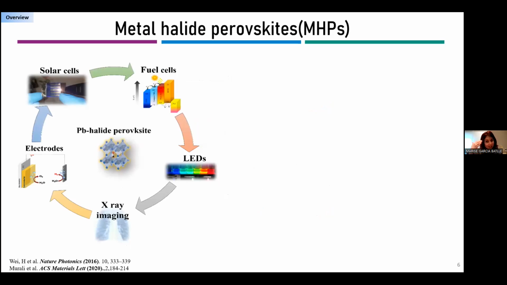So with all that information in mind, we have perovskite materials, and perovskite materials are quite good. They are performing quite well in the field of solar cells and LEDs, and they are performing pretty well in the field of X-ray detectors as well.